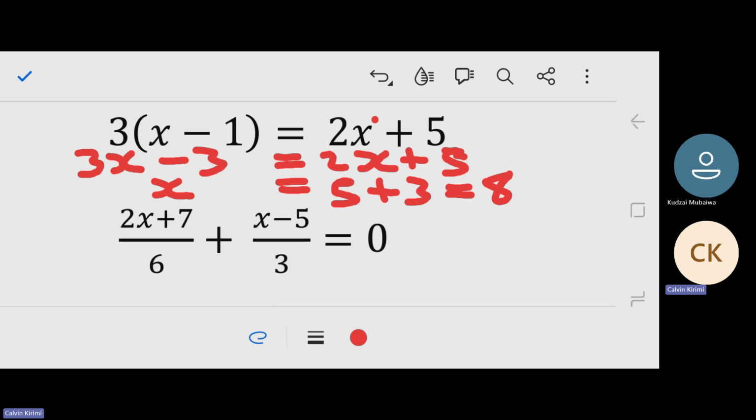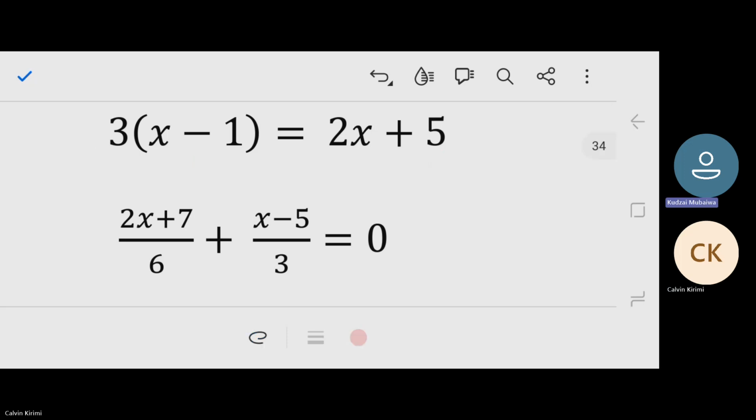What about on the left side? I got 1x is equal to 5. The answer should be 8, not 5, because there is this 3, which must go to the other side. So avoid mistakes.